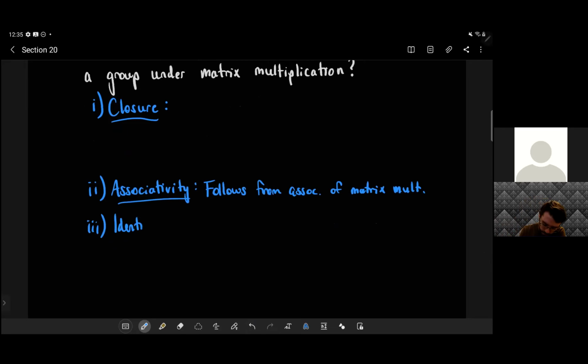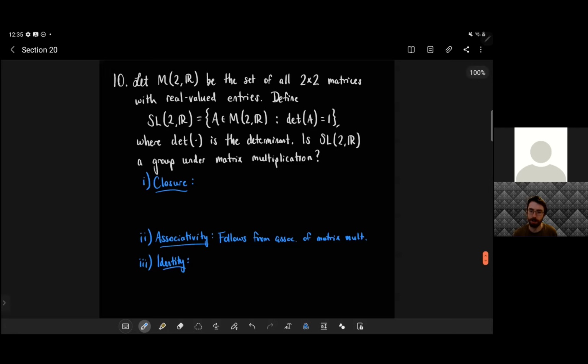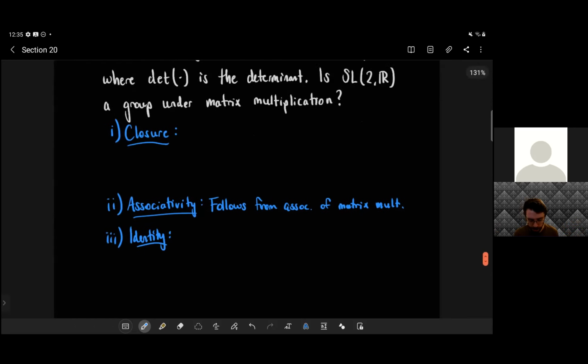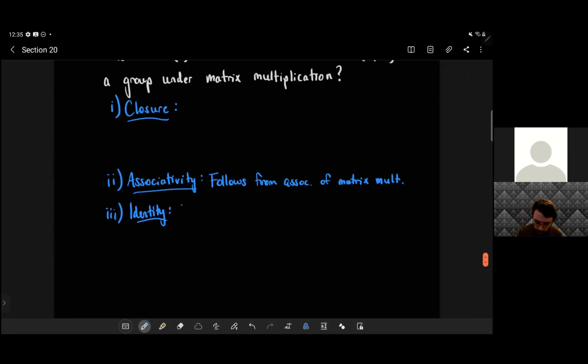Identity. Okay, is there an identity element in SL2R? Well, it would have to be a 2x2 matrix with real entries, and it would have to have determinant 1. And to be an identity element, by this point maybe you're thinking it's just the identity matrix, right? Let's try that. I equals the identity matrix. First of all, is it even in SL2R?